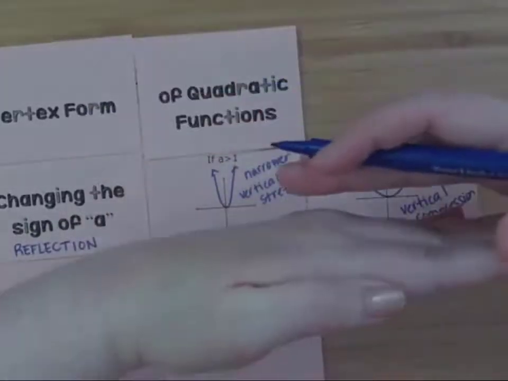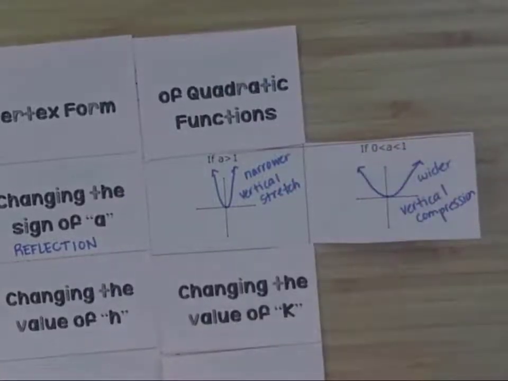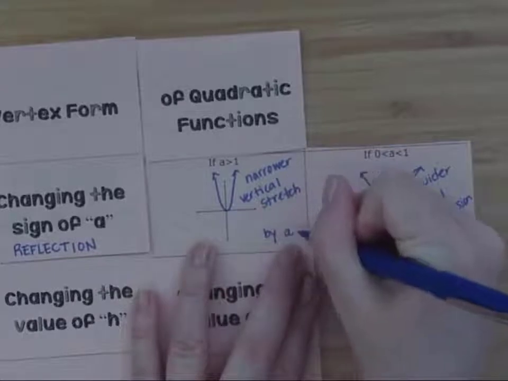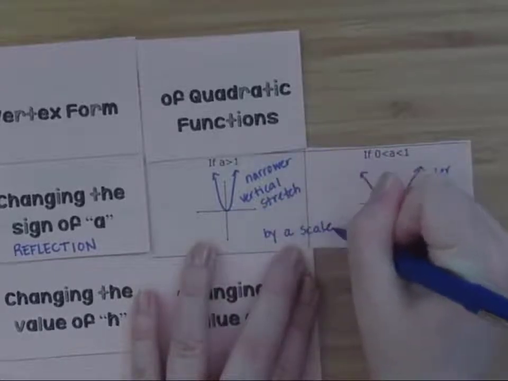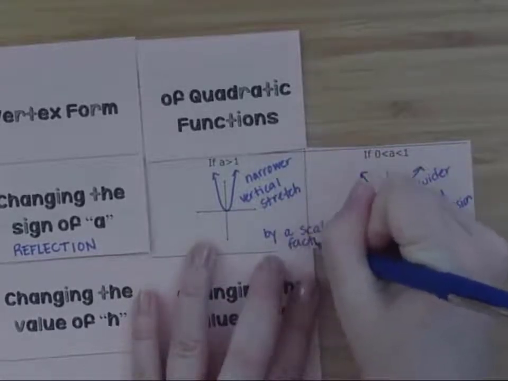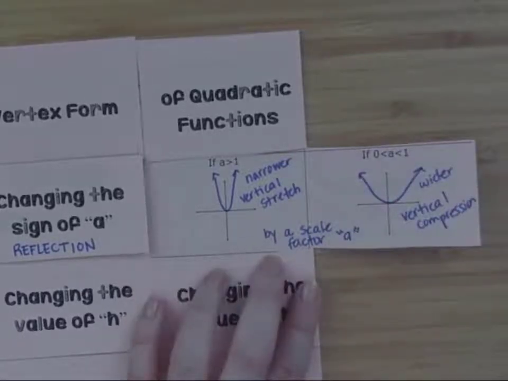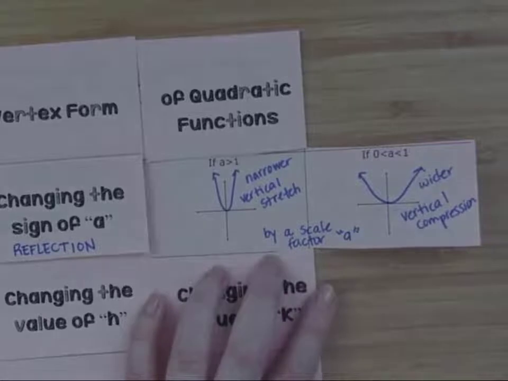And in both of these cases, you would see by a scale factor of whatever that A value is, because that's what's being multiplied to the x squared value.